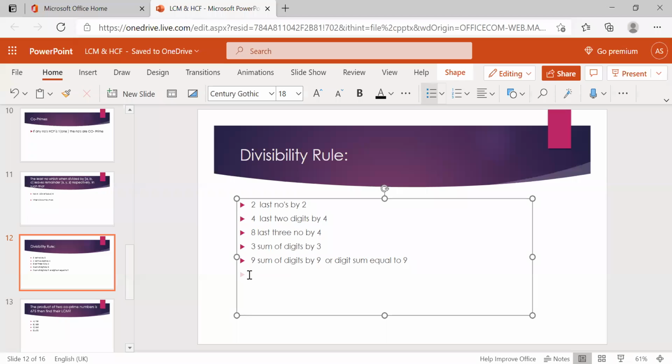7. I think everyone knows 5. So 7 is important. For 7, take the unit digit, multiply it by 2, and subtract it from the remaining number.